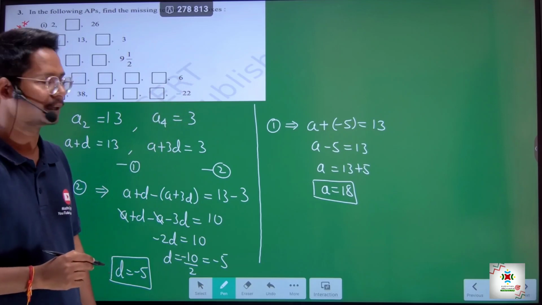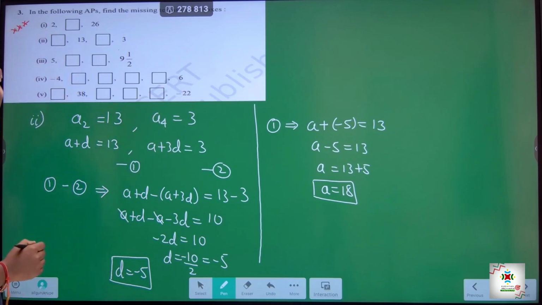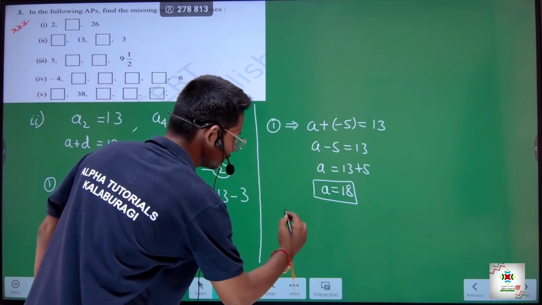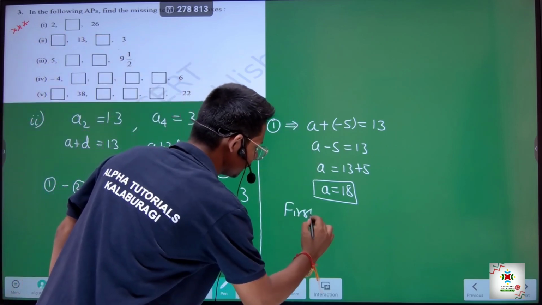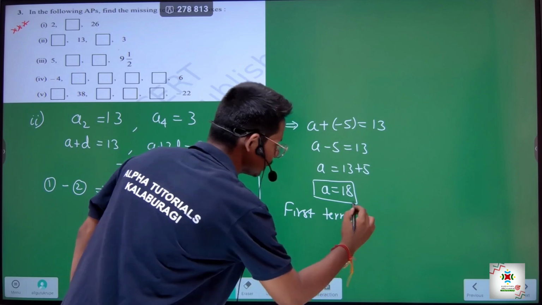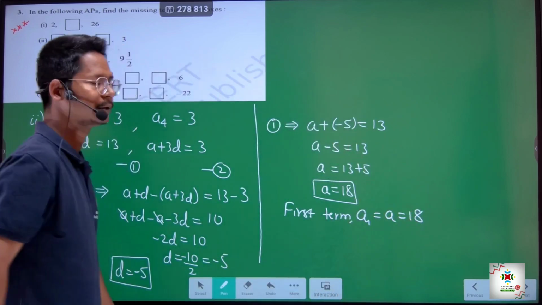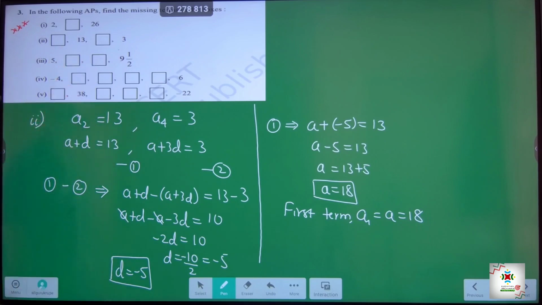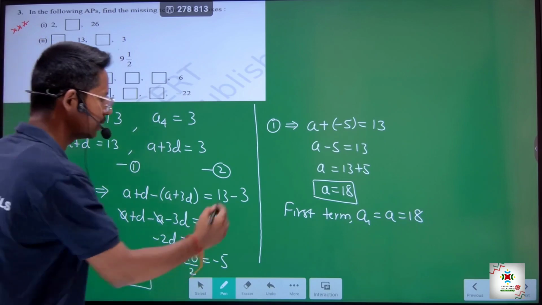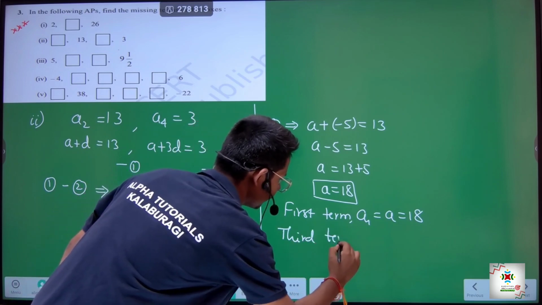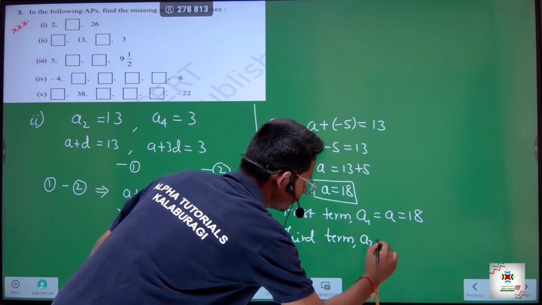For an AP, here we need to find the first term. Yes, this A itself is the first term. So you can write first term A1 is nothing but A, equal to 18. Next we need to find the third term, A3.